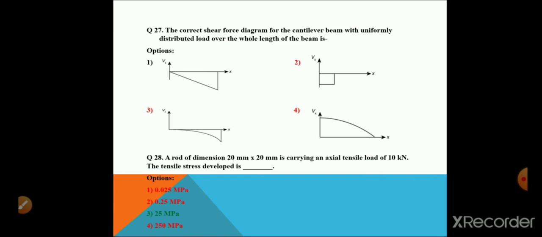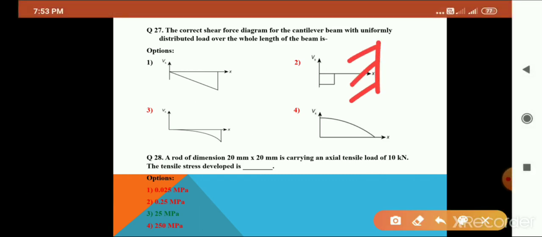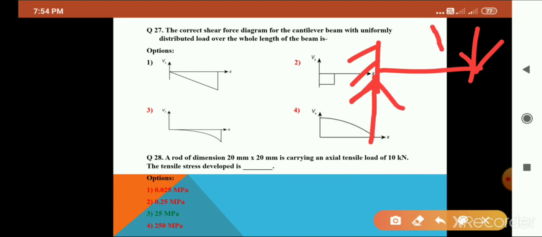Let's come to question number 27. The correct shear force diagram for the cantilever beam with a uniformly distributed load over the whole length of the beam is. So let's draw a normal cantilever beam. The load acts at the free end, and the maximum resisting load will be at the fixed end.